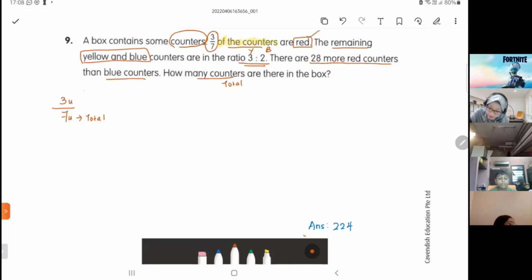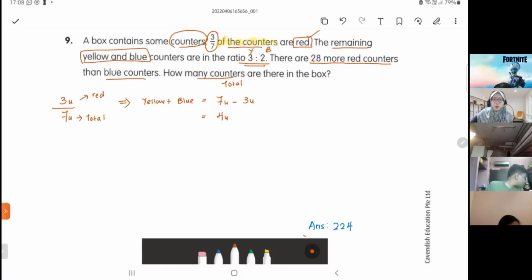Now, can I find the remaining yellow and blue? So from here, my yellow plus blue will be 7 units minus 3 units equals 4 units. Okay, so we have this information.